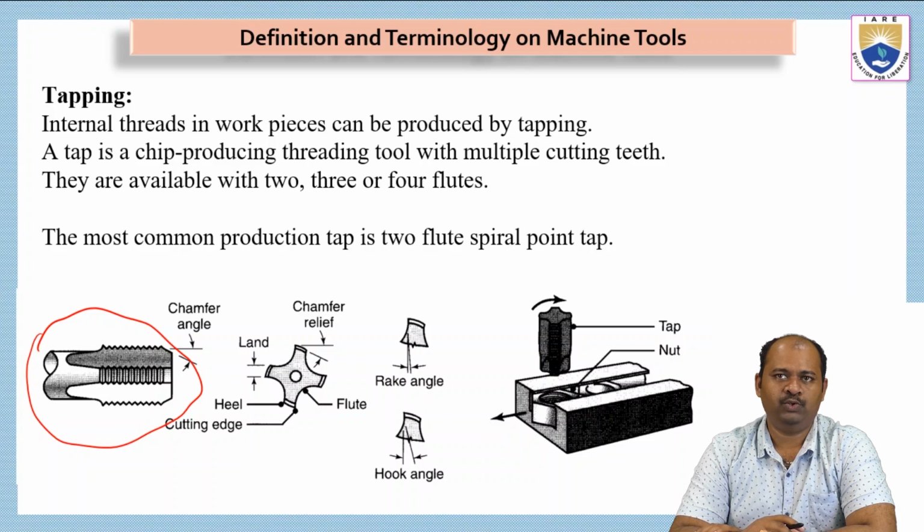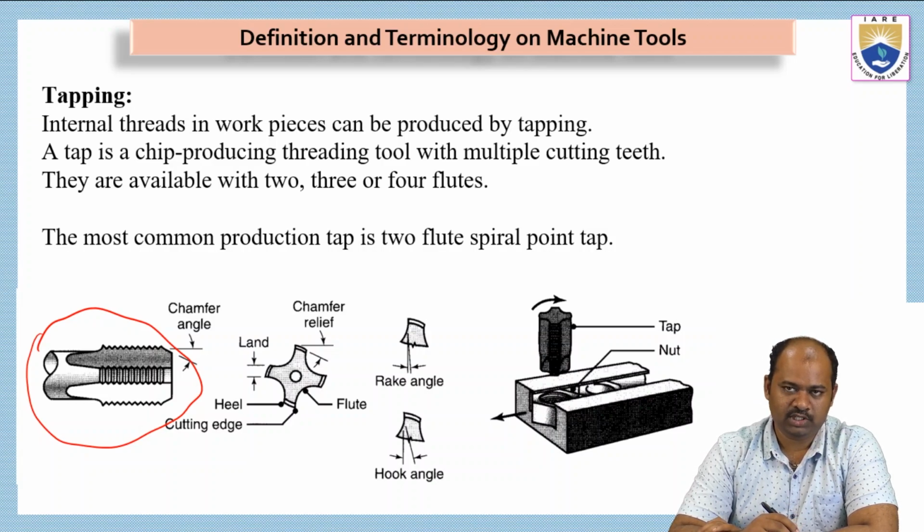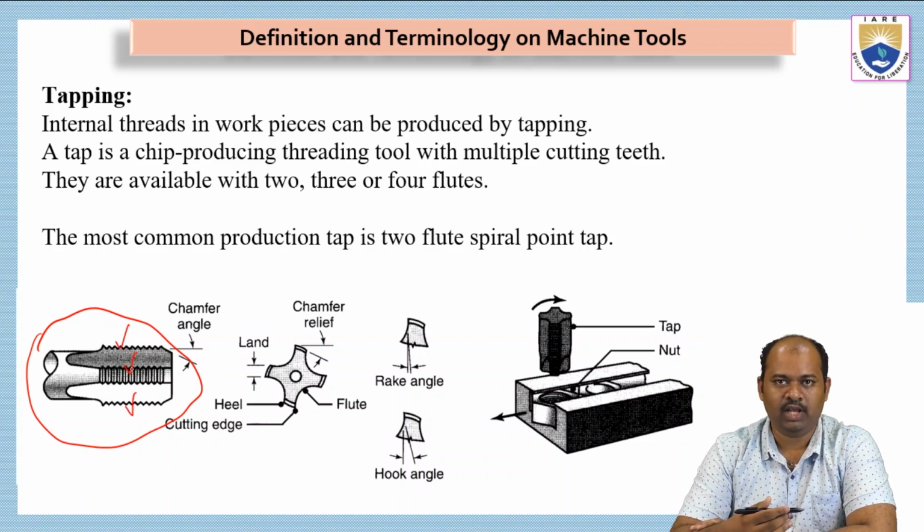A tap is a chip producing threading tool with multiple cutting teeth. They are available with 2, 3 or 4 flutes. You can see in this picture, this tapping tool has 4 sharp edges which are called flutes. So 1, 2, 3. On the other side we have the 4th cutting edge.